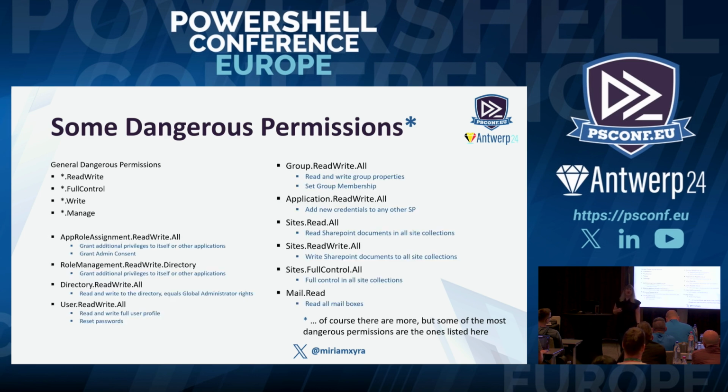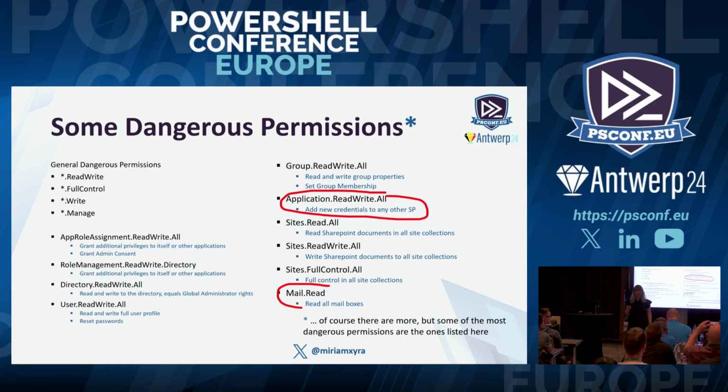But you have also other permissions that could cause really great harm in your organization if the wrong user or application has them configured. In the example that we were looking at today, we had the application read write all and the mail read permissions configured, which allowed the attacker to elevate privileges and to finally extract all emails.